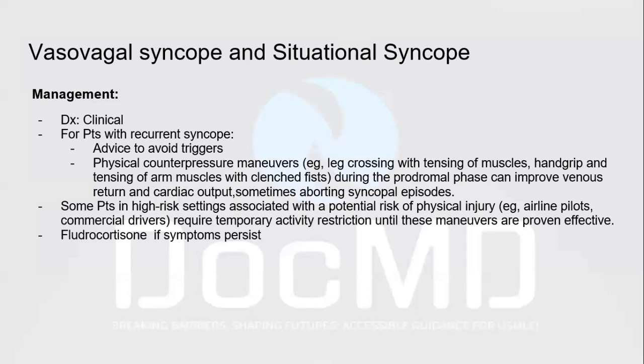You do not need to know every one of them, but you just need to have a grasp of the concept. What does hand grip do? It increases the blood pressure. So you just have to understand why we are doing this. That's it. Again, during the prodromal phase these can improve venous return and cardiac output, sometimes aborting syncopal episodes.